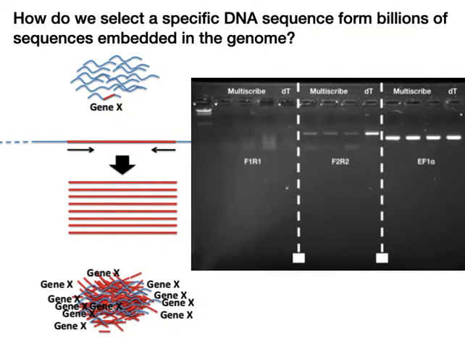Next, now that we have the DNA of interest, is to select specific DNA sequences. Now take note, if we get an RNA or DNA from a tissue sample, there's a lot of DNA there. There's a lot of DNA fragments. Now, how do we select our target DNA?